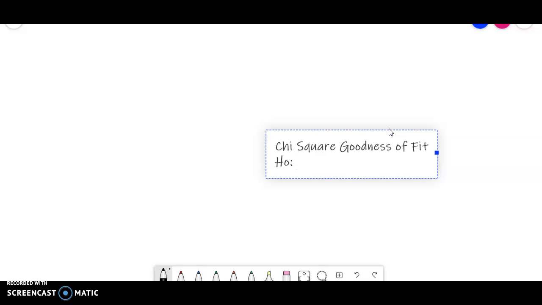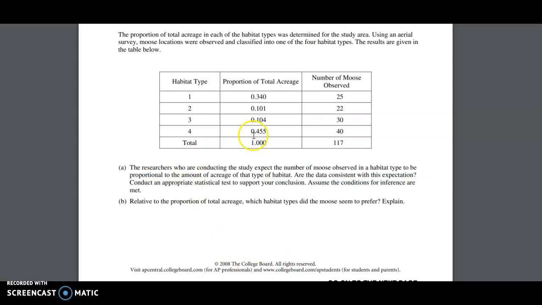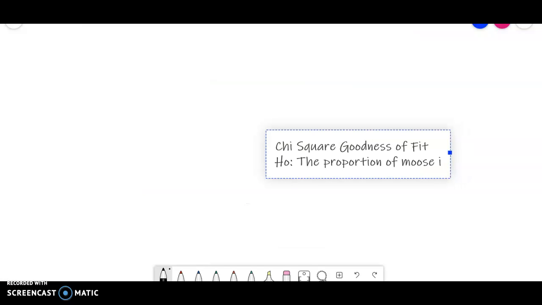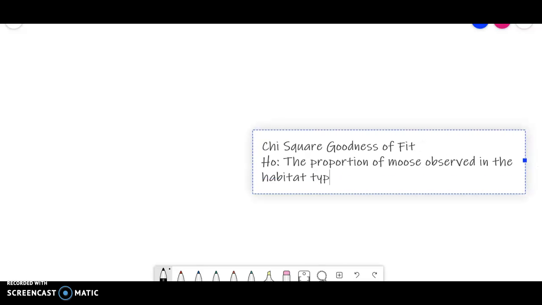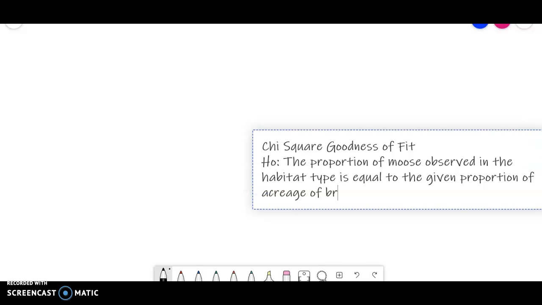Our null hypothesis would be that the proportion of moose observed in the habitat type is equal to the given proportion of acreage for the burned area.